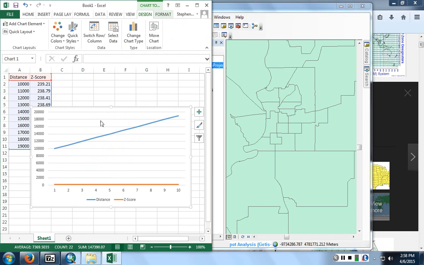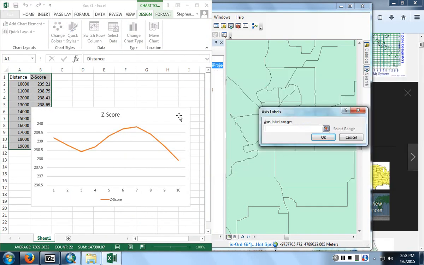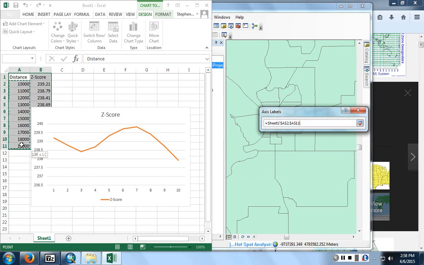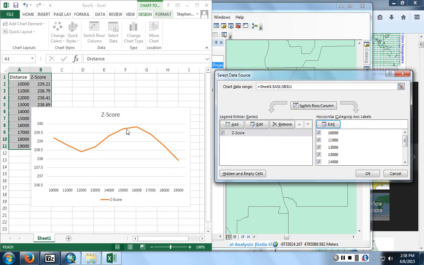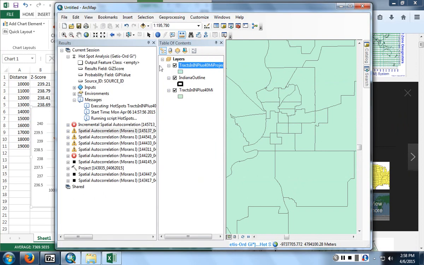Because it's where spatial autocorrelation declines in the graph that we made. It's where the inflection point in that line corresponding to distance and z-score occurs. Still running our analysis.